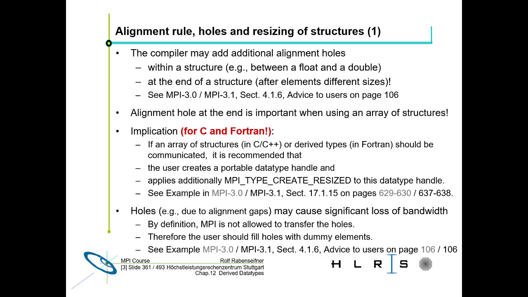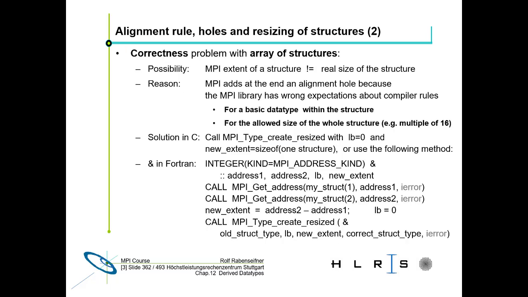Holes due to alignment gaps may cause loss of bandwidth, which is obvious because you're sending no information while it nevertheless takes up space. By definition, MPI is not allowed to transfer the holes. So you should fill the holes with some dummy elements, and again there is an example in the specification. So there is a correctness problem with arrays of structures.